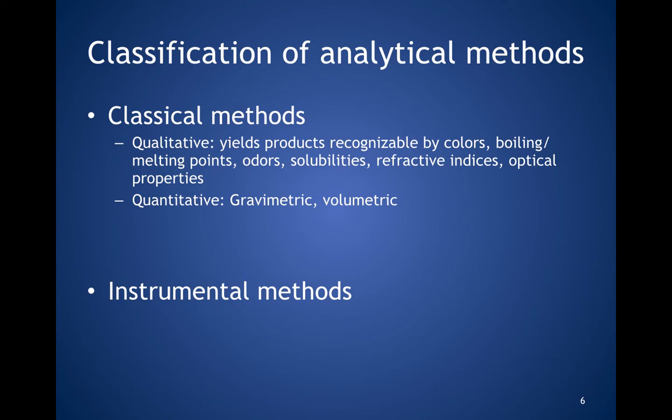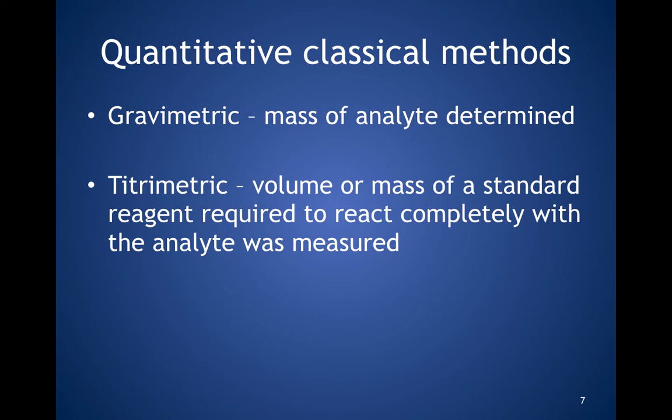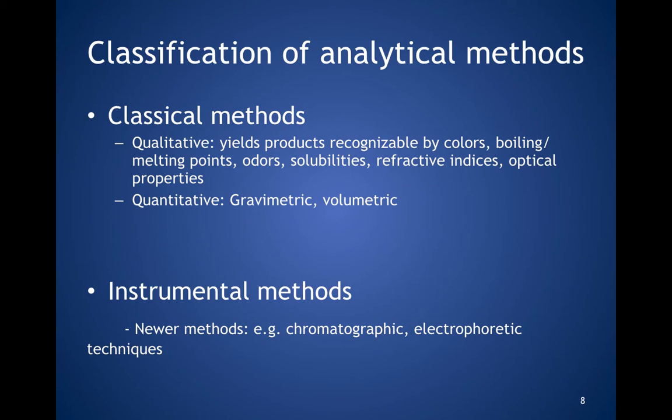And it can either be gravimetric or volumetric. I will show this in the next slide. Besides the classical methods, we have also instrumental methods, which are more expensive and faster, and use an instrument. In a gravimetric technique, you're determining the mass of the analyte, and in titration, you're more interested in the volume or mass of a standard reagent required to react completely with the analyte that you're measuring.